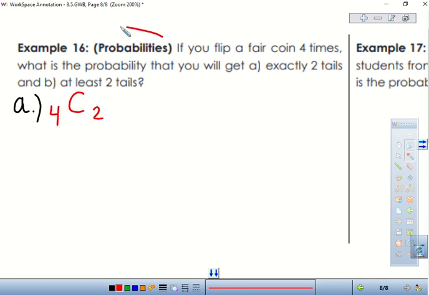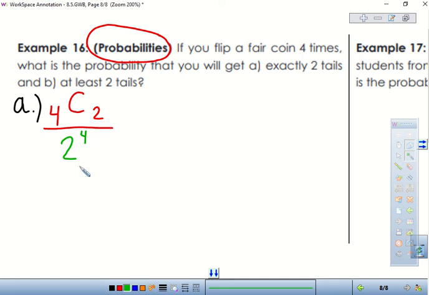But keep in mind, this is probability. Probabilities always have denominators. So let's talk about what the denominator is here. If you flip a fair coin 4 times, how many different options do you have for sequences? 2 to the what power? 4th power.